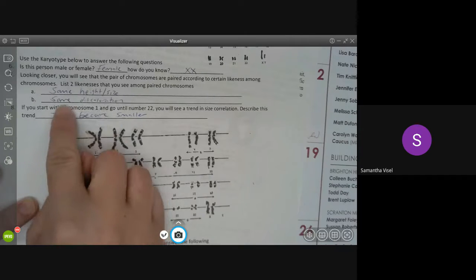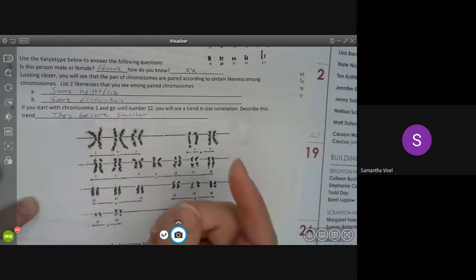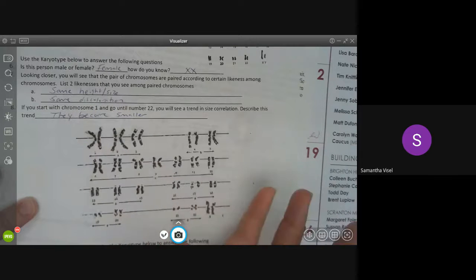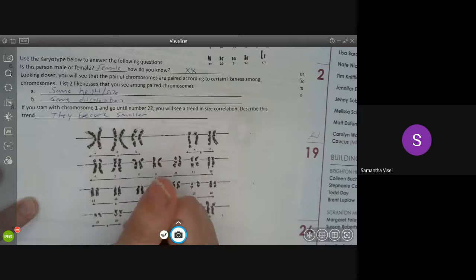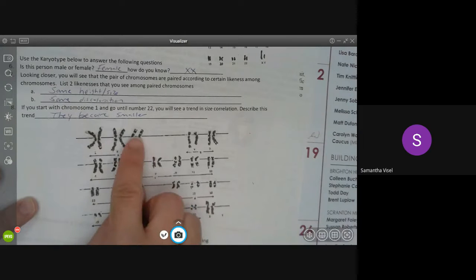You may have also noticed what I'm going to call the same coloration. If you look very closely at the partners here, you'll notice that in a lot of these areas where it's darker are the same, and areas where it's lighter are the same. So these two white patches match up here.